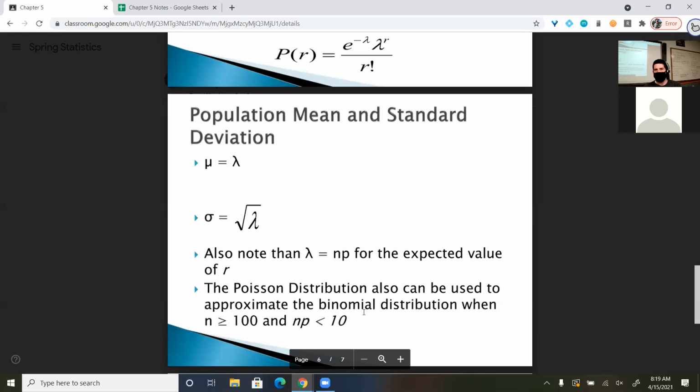This is the only time that we're going to be talking about it. If we made it to further chapters in the book, then they bring lambda and the Poisson distribution back, but we're not going to be exploring it past this chapter. So that's just kind of a little disclaimer in there. It's nothing you have to worry about, but mathematically speaking, it is important. It's just not going to be important to us in this class.